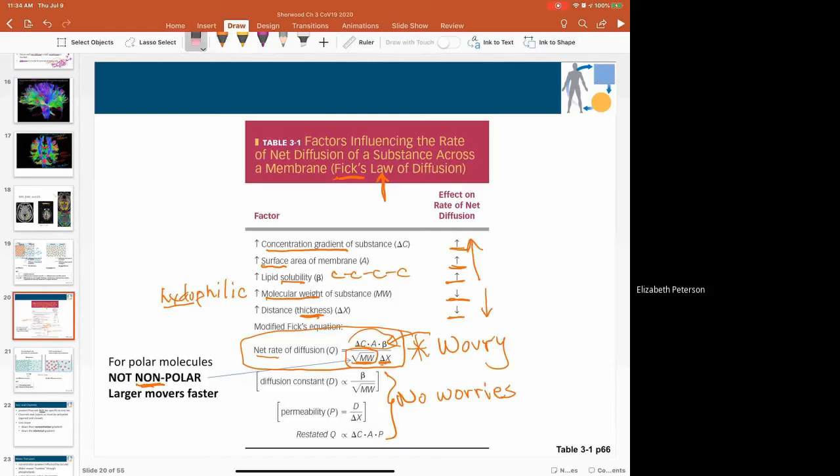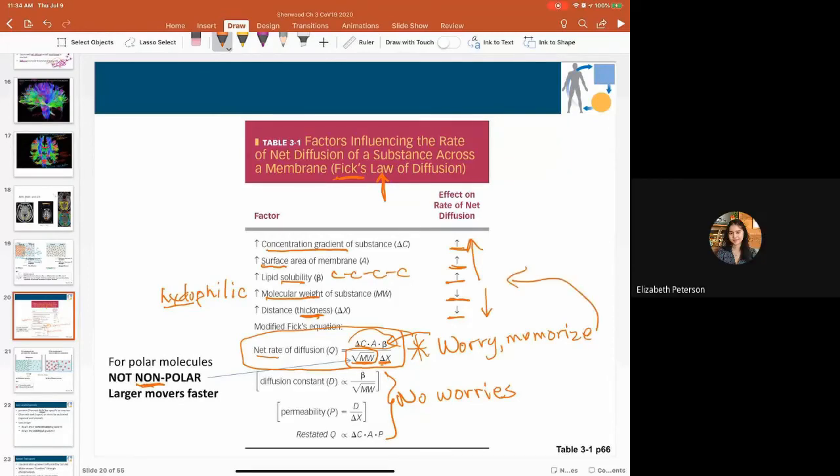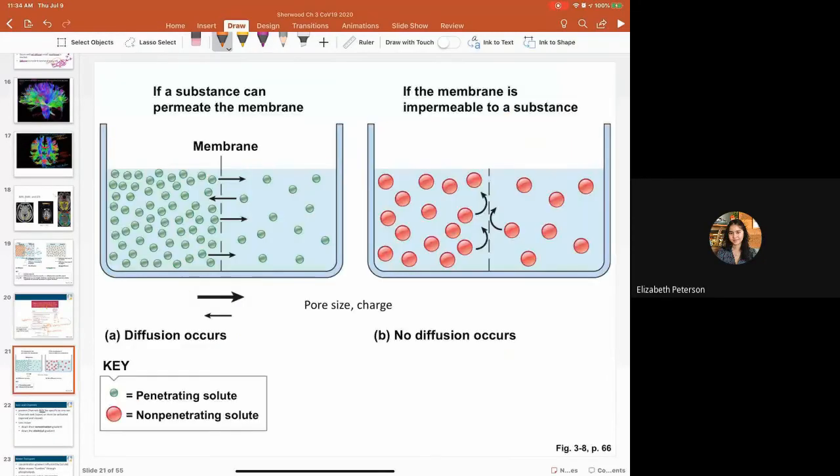And what everything means up here. Okay, so membranes. We've got a membrane here and it's of constant thickness. And we've got pores in the membrane of a constant size.